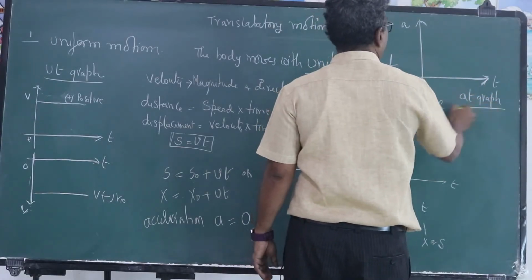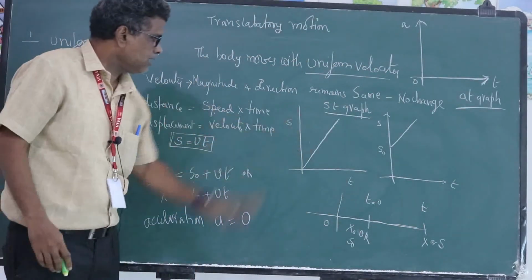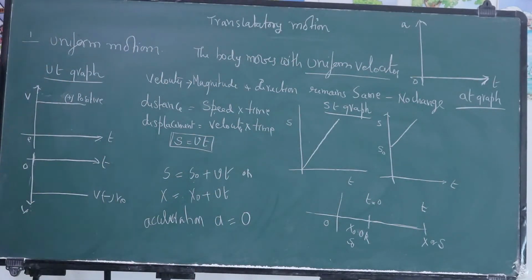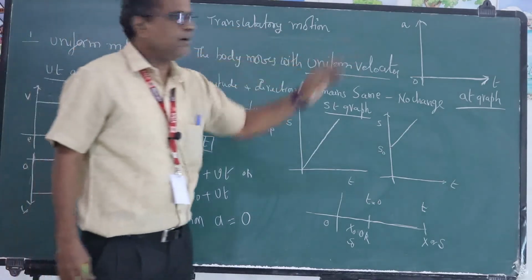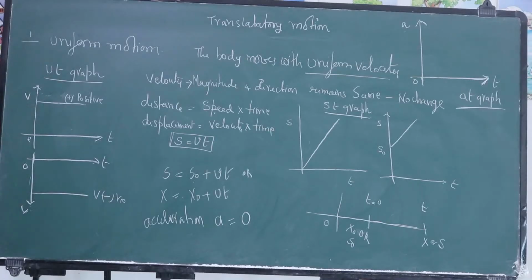So here, how many graphs did I give? Two ST graphs, two VT graphs, and one AT graph. This is for uniform motion, where the body is moving with uniform motion.